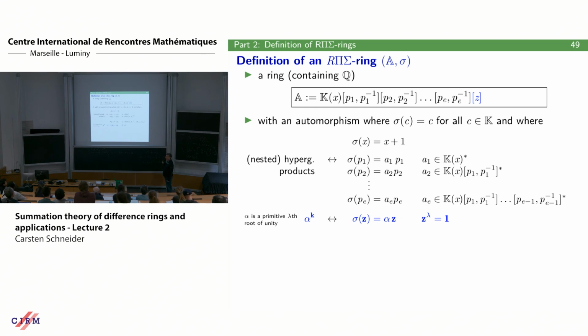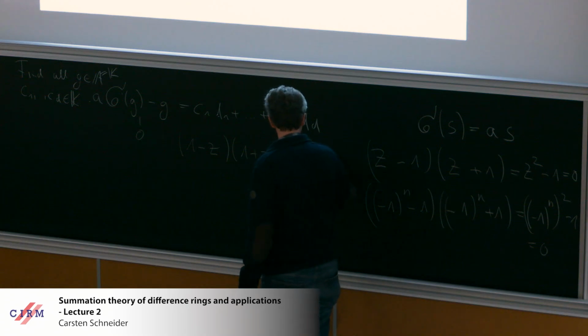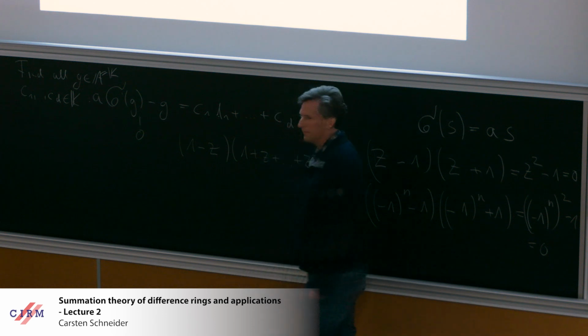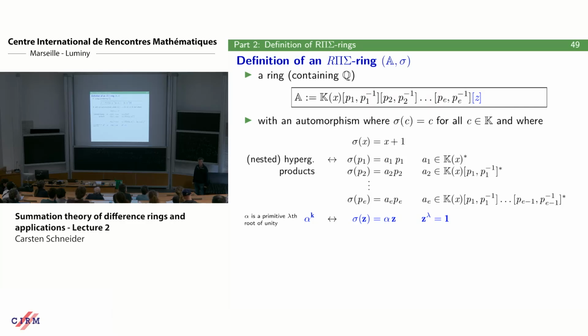You extend, and then set z to the lambda equal to 1. And then you have again zero divisors, because (1-z) times (1+z+...+z^(d-1)) equals 0, okay? You have again zero divisors. And this works also, and this is the general case that I'm handling now, okay?